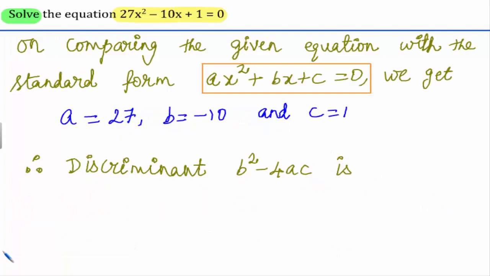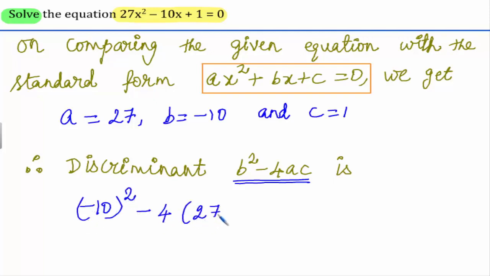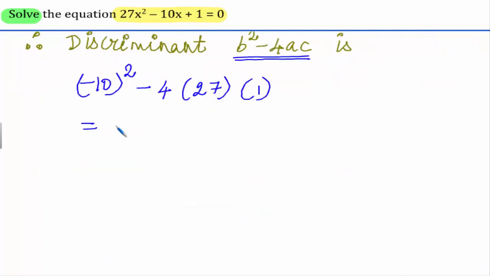Therefore, the discriminant b square minus 4ac is minus 10 whole square minus 4 multiplied by 27 multiplied by 1. So this will be equal to 100 minus 108. This will be equal to minus 8.